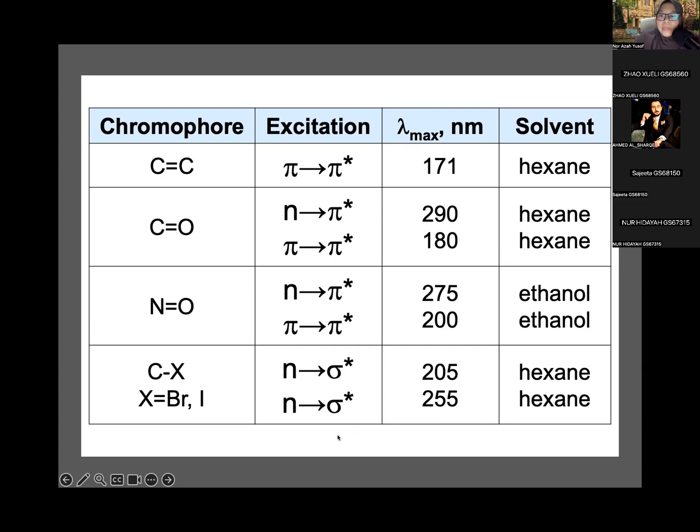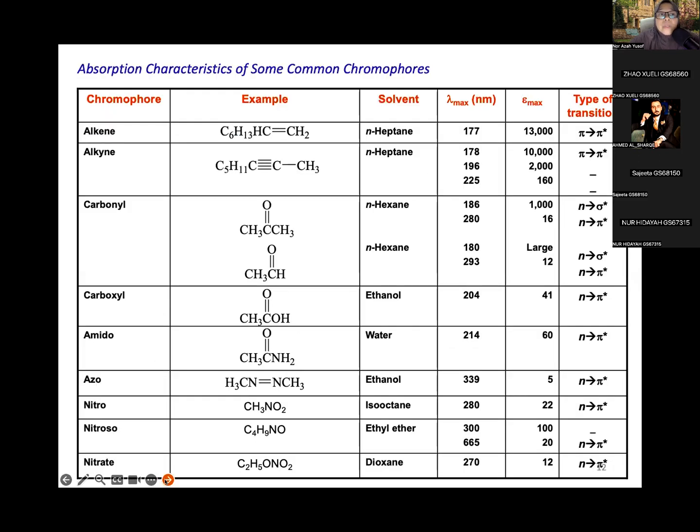So this is important. It's not like every compound can be considered a chromophore. You have to look at the characteristics, the chemical structure of the compound, whether it has a double bond, whether it has halogens.